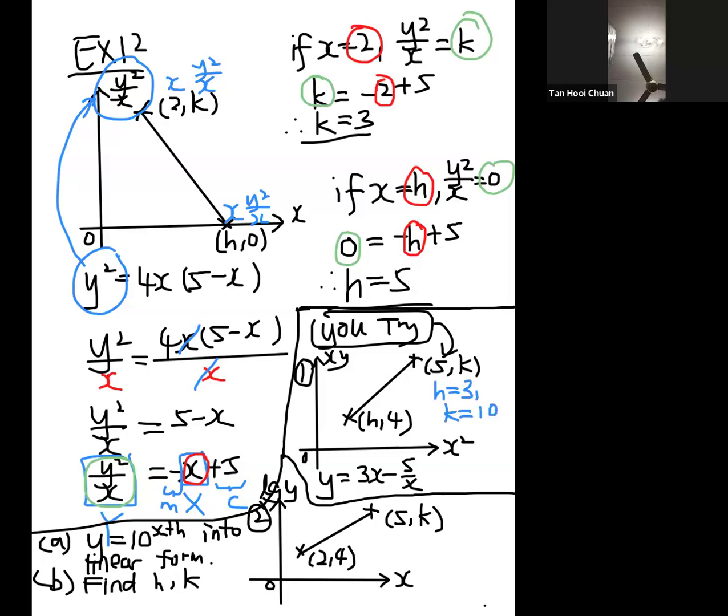Question 2, the answer should be log 10 y equal to x plus h is the answer for A. And the answer for B should be h equal to 2, k equal to 7.